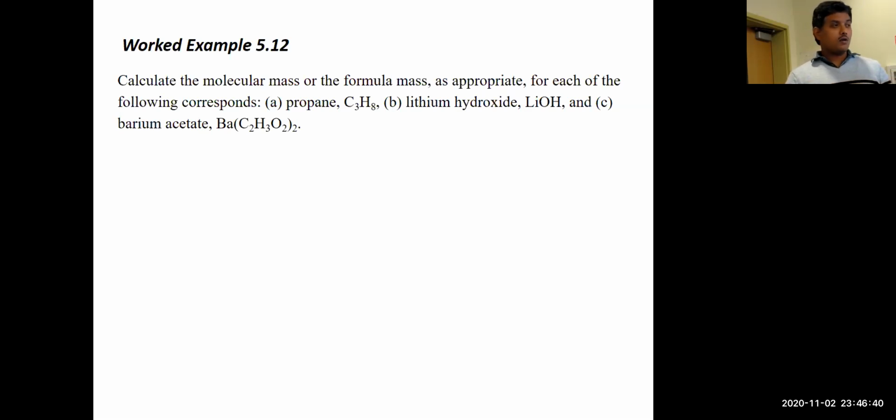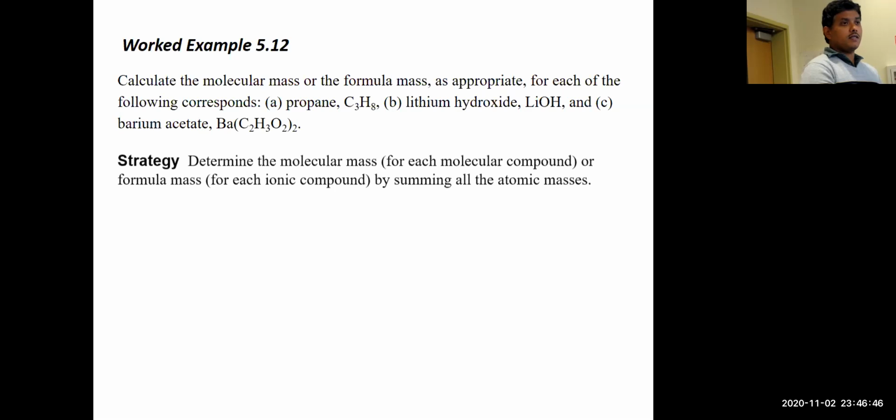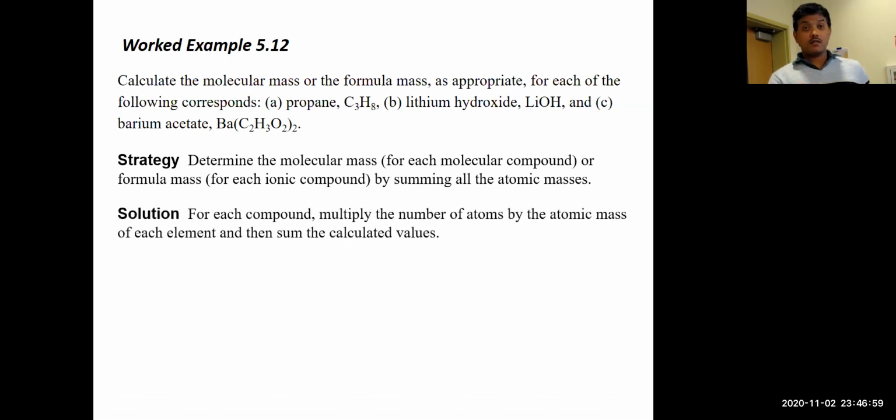You just need to know how to decode problem C, and I'll help you do that. So what is your plan to identify the molecular mass or formula mass? First, you need to know how many of each individual element are present, like in C3H8, you have 3 carbons and 8 hydrogens.